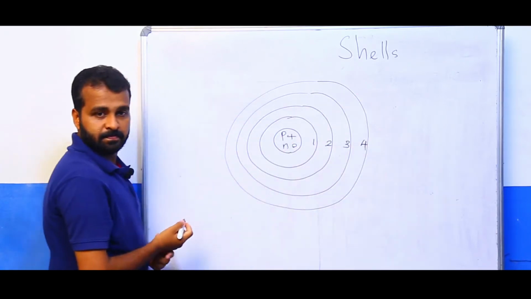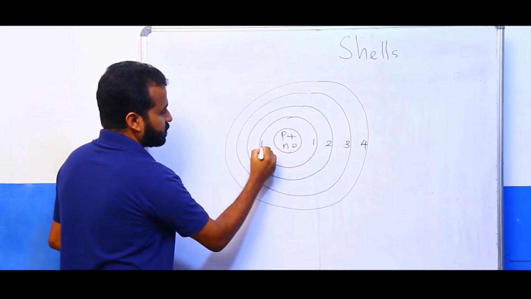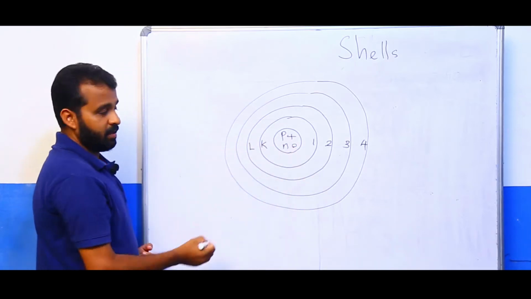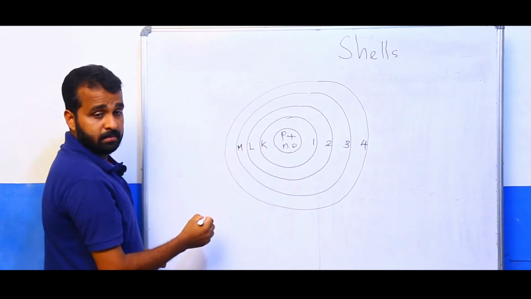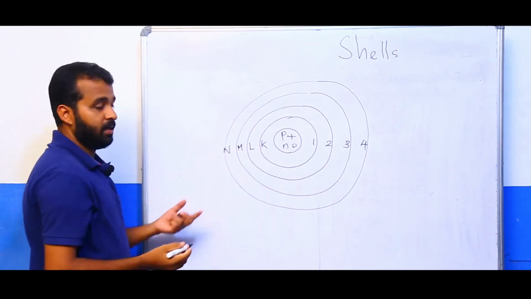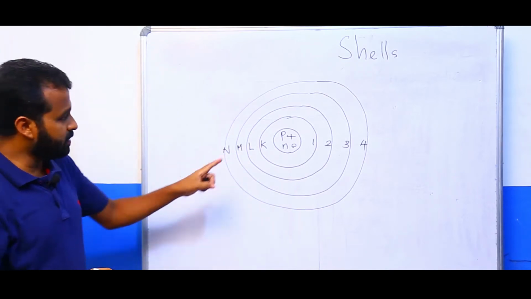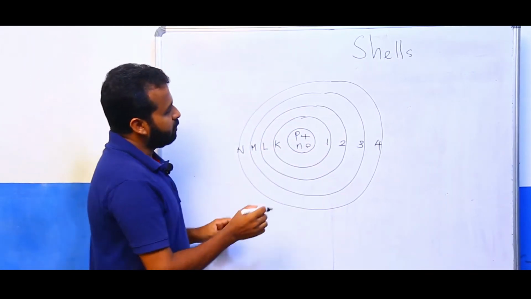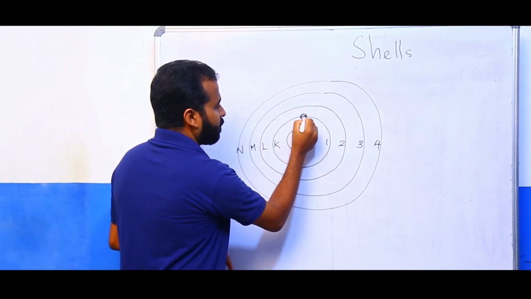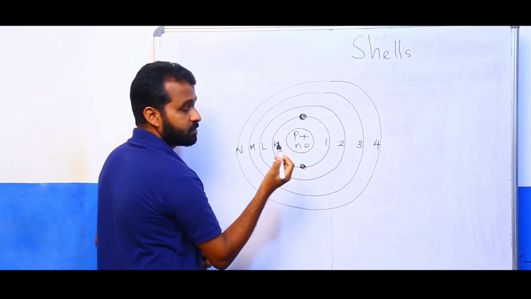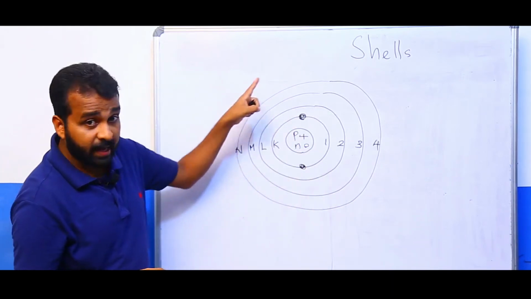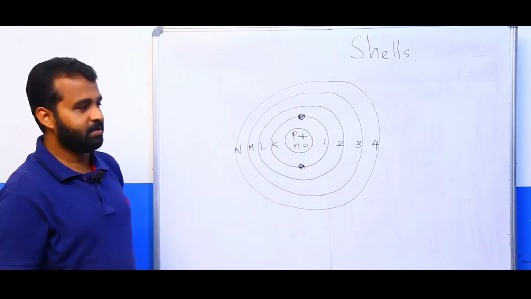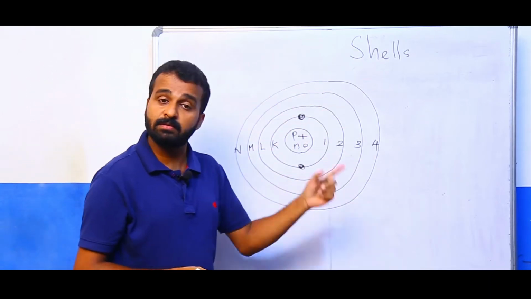The first shell is named K, the second shell is named L, then M, then N. In these shells we can see electrons. The first shell has 2 electrons, the second shell has 8 electrons, the third shell has 18 electrons, and the fourth shell has 32 electrons.